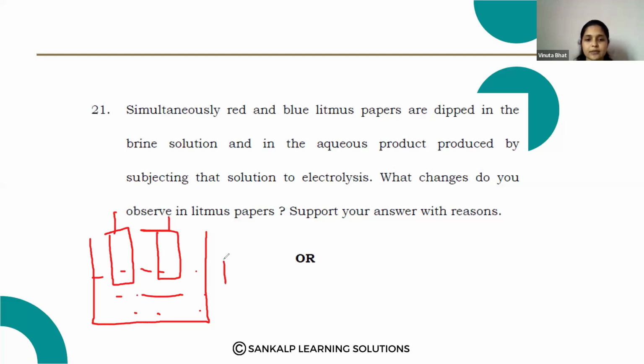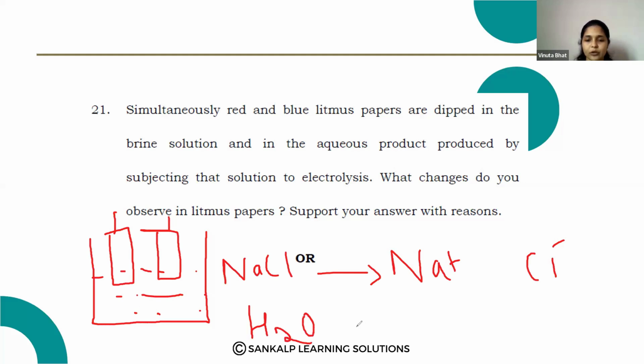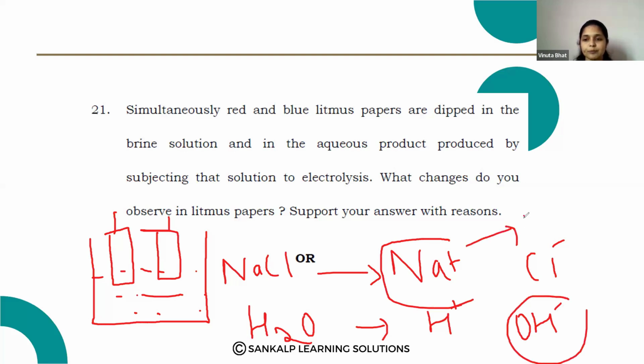When the current passes through NaCl, it forms Na+ ions and Cl- ions, and water produces H+ and OH- ions. The Na+ ions and OH- ions combine to form NaOH, sodium hydroxide, which is the base.